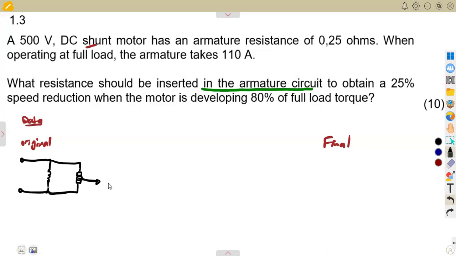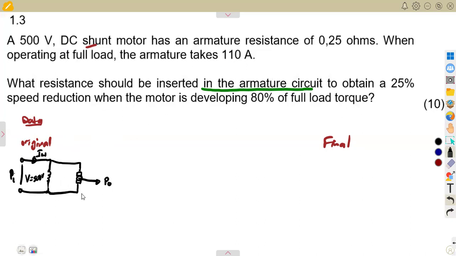So this is the output power. Remember, there you've got the input power, the voltage, then the load current. We do not have the load current. We have got only the voltage, which is 500 volts.